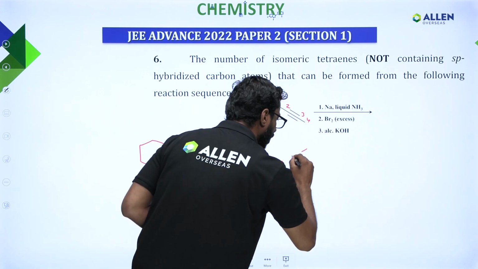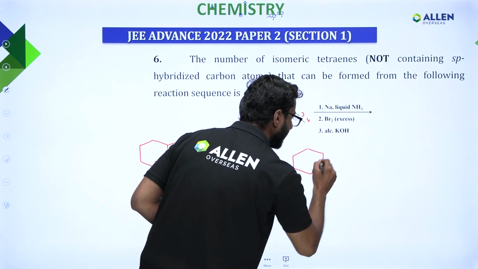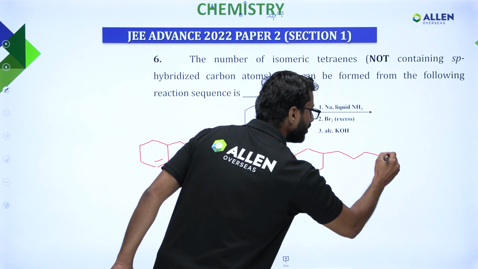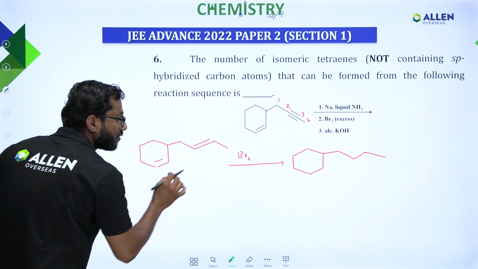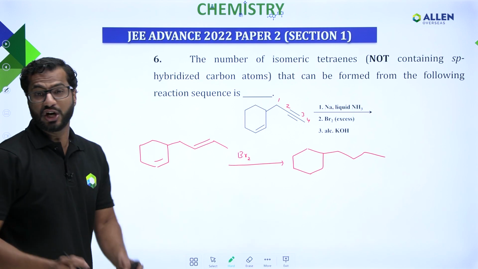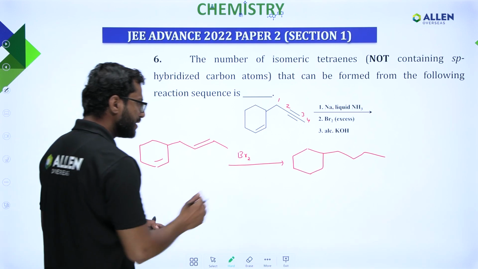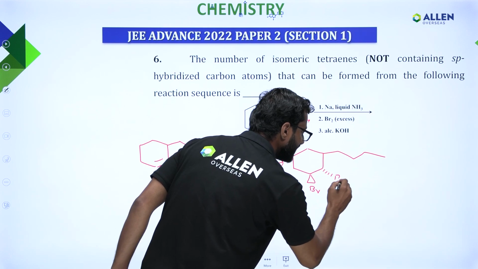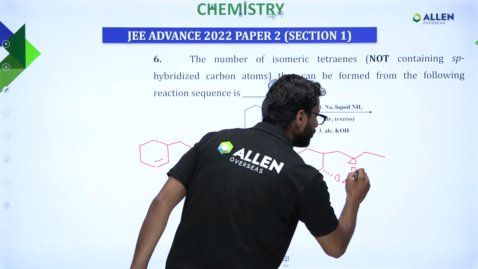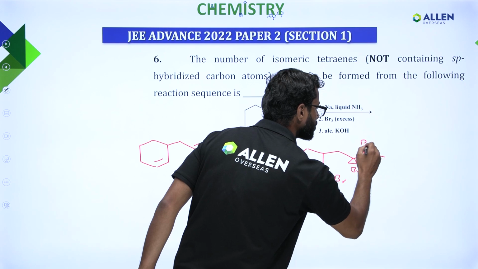So we observe 4 Br atoms get attached to all the carbon atoms which have pi bonds, right? So we have a Br atom here, a Br atom there, and Br2 over here, students.